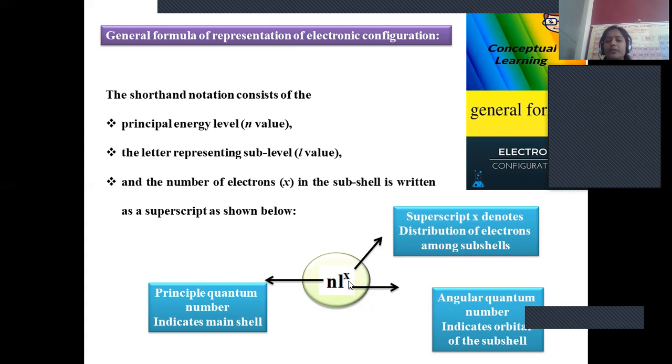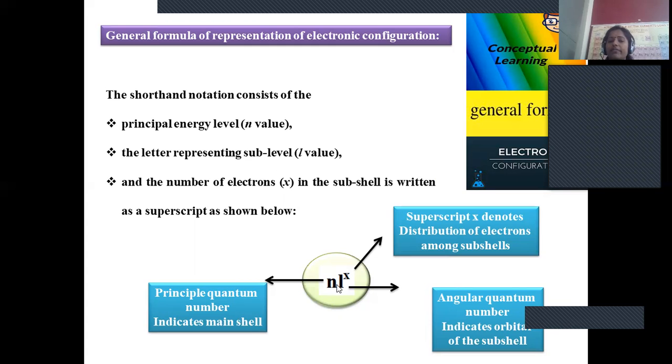So always it should be a superscript. So the generalized formula will be NLX. For hydrogen, N will be 1, L will be S, X will be 1 again, 1 electron will be there. So 1s1. Simply generalized like this, NLX.